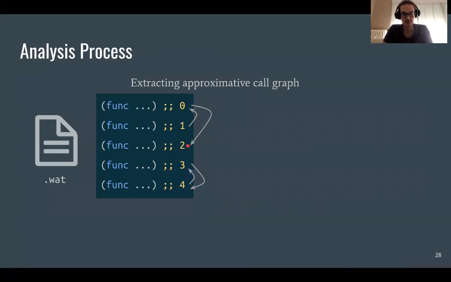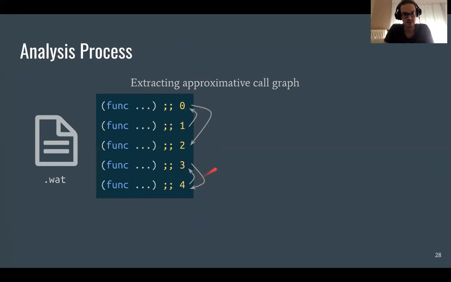This call graph is approximative because on top of the call instructions, which precisely characterize the target function that is called, we also have indirect calls in WebAssembly. Indirect calls, for example, are used to encode function pointers.